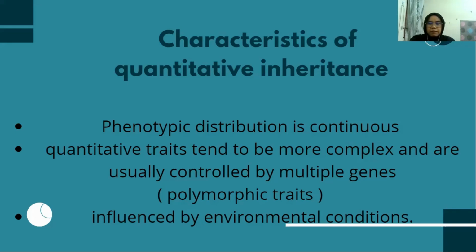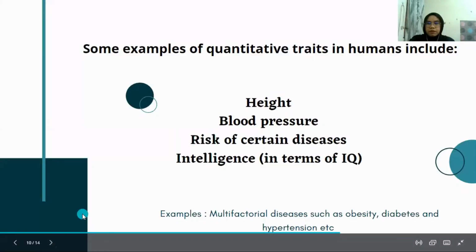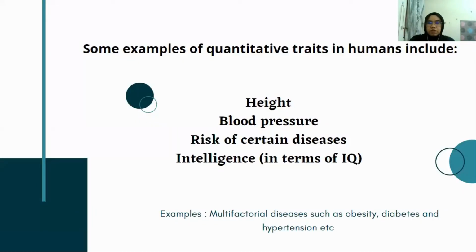Polygene is a member of a group of non-epistatic genes that interact additively to influence a phenotypic trait. In addition, polygene contributes to multiple gene inheritance. So lastly, about quantitative traits, we have some examples of quantitative traits in humans, including high blood pressure, risk of certain disease, and intelligence.